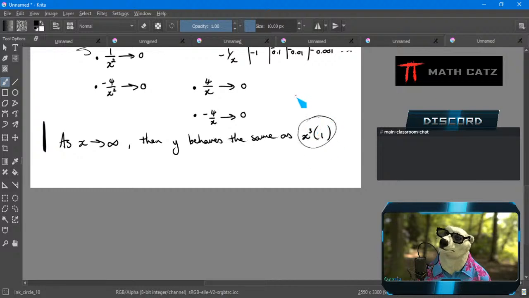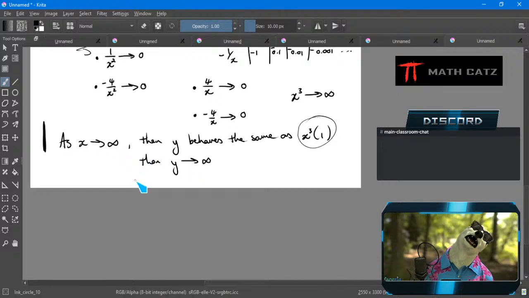This is just x cubed, and x cubed gets bigger and bigger as x gets bigger and bigger. Therefore, I can conclude that my original polynomial that was more complicated also gets bigger and bigger in size as x gets bigger. I don't know what's happening in the middle.